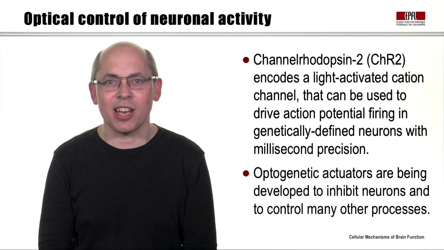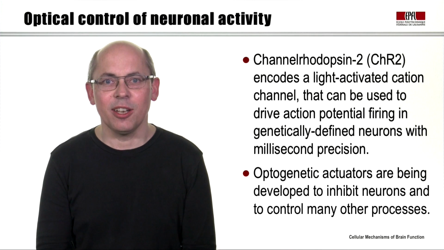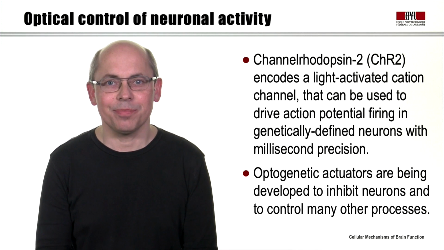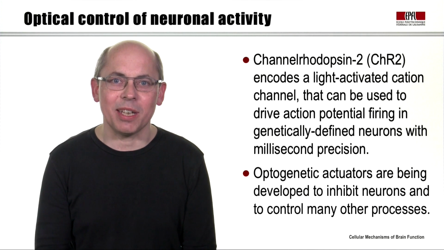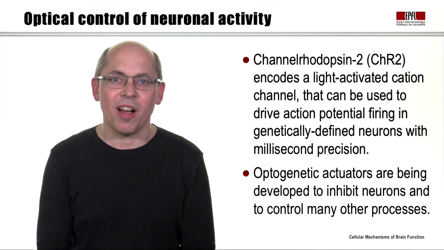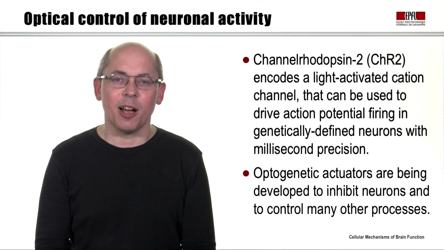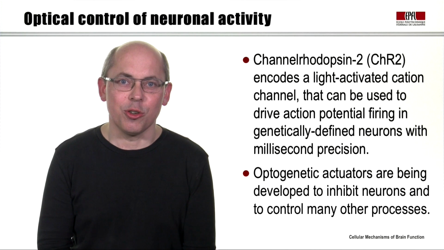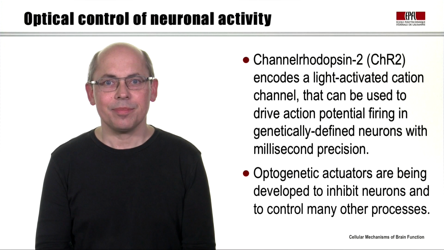This then allows us to ask causal questions about what the stimulation or activity of a specific group of neurons that are genetically defined contributes to a given behavior. We've also seen that new optogenetic actuators are being developed to inhibit neurons with high temporal precision and specificity. And further optogenetic tools are being made to inhibit neurotransmission or to affect different signaling pathways.